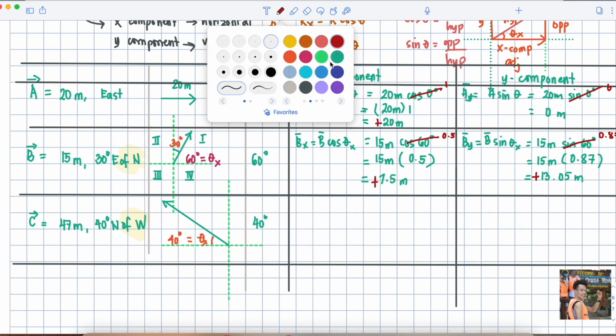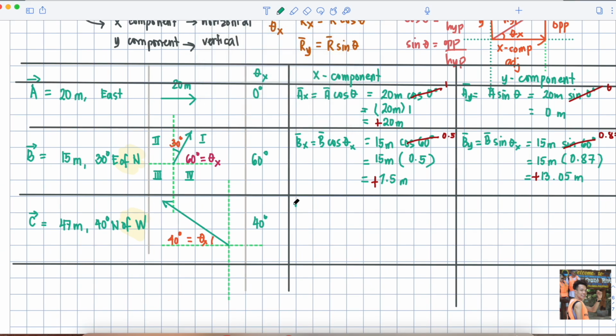The x component again of vector c could be computed using the formula cx is equal to c cosine theta x. Let's substitute the values. We have 47 meters cosine 40 degrees.